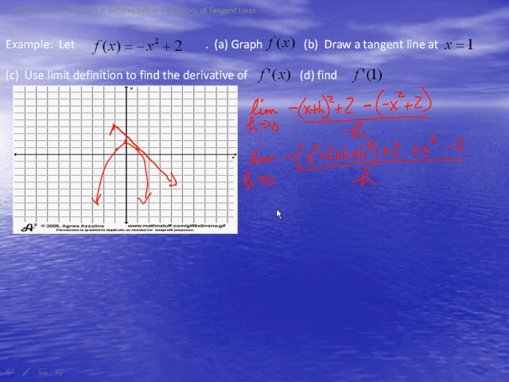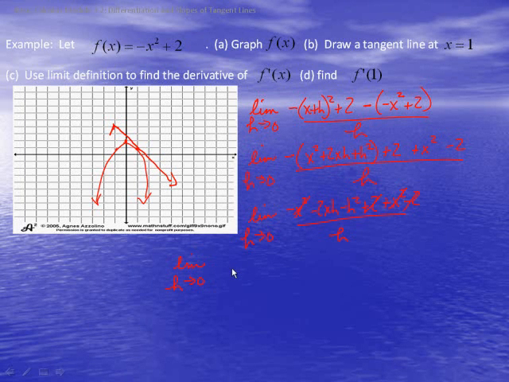Right, distribute the minus, so that would be the limit as h approaches 0 of negative x squared minus 2xh minus h squared plus 2 plus x squared minus 2, over h. Notice my x squares will cancel, and my 2's will cancel.